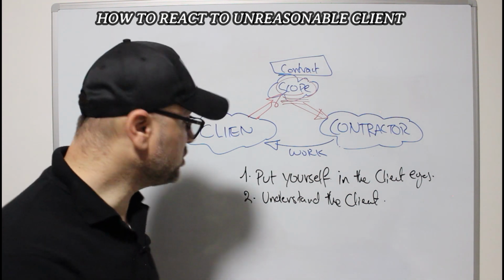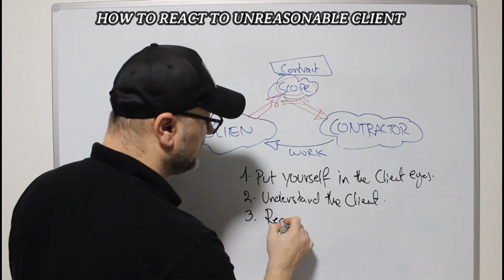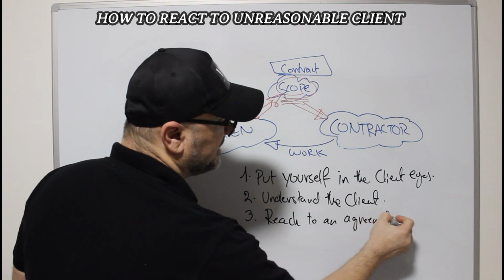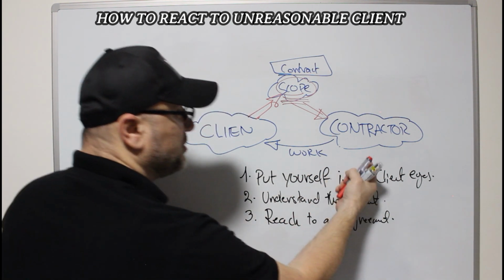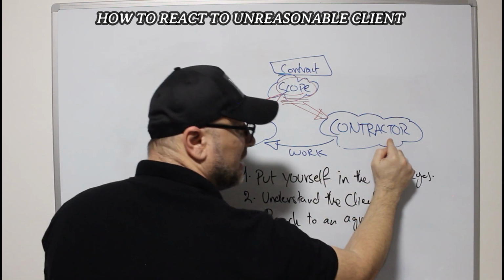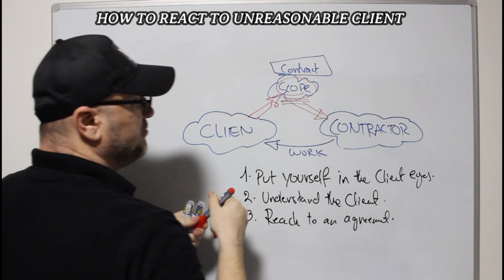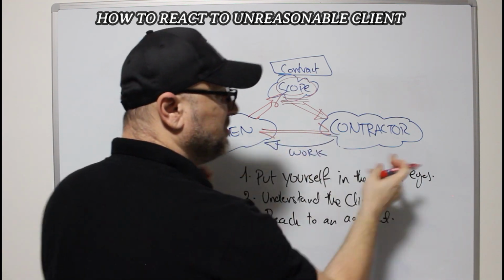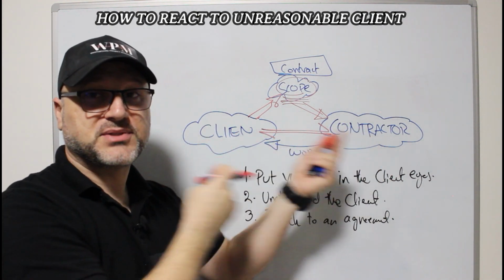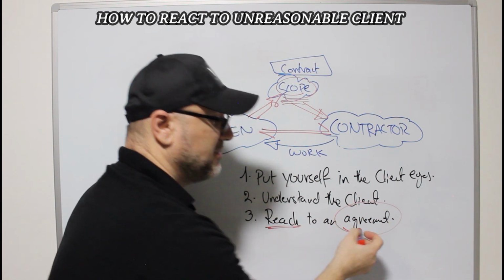Then we reach the third point, where you need to reach an agreement. If the contractor puts himself in the client's eyes, the client should put himself in the contractor's eyes and look back. So they both look at each other from different positions. They start to exchange and understand themselves. Then they can finally reach an agreement.